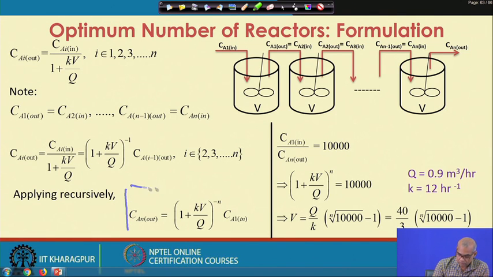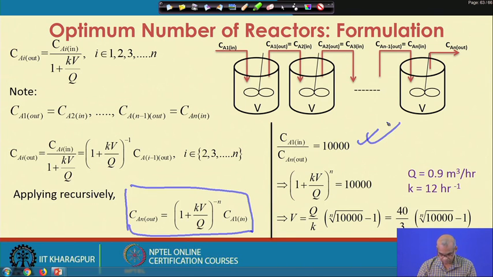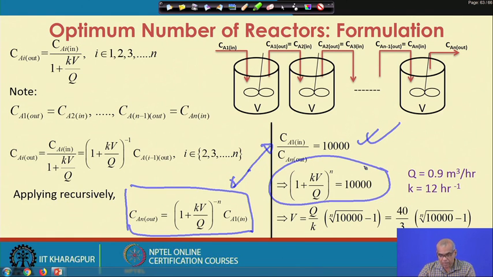So, that is what you get, this expression. Now, what is the desired change? CA1 in by CA1 out equal to 10,000. So, from this you get (1 + kV/Q)^n = 10,000.